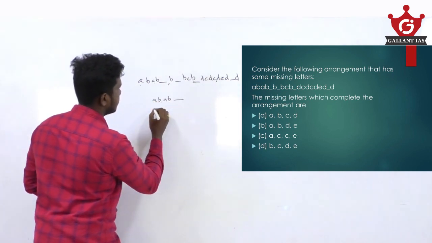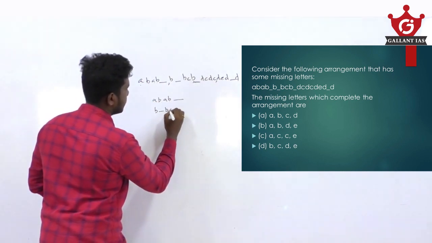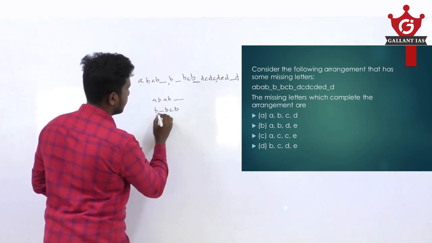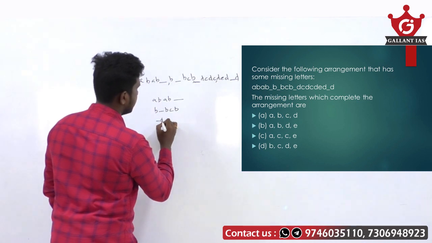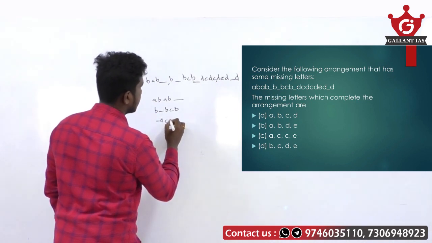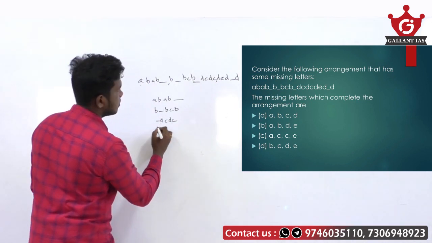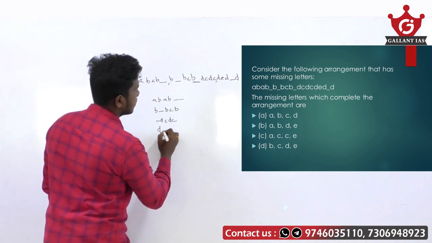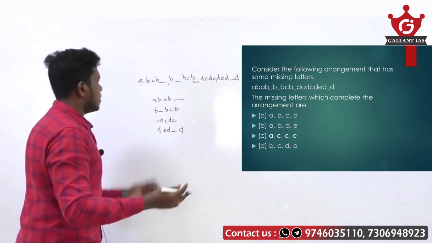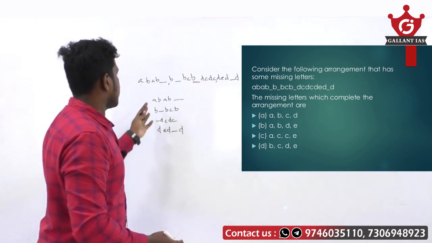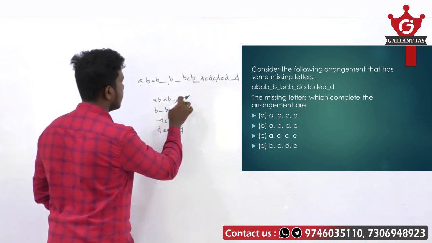AB dash B dash BC B dash D C DC D E D dash D. Now it's very simple, right? Just substitute the values. So here it is in the form AB.